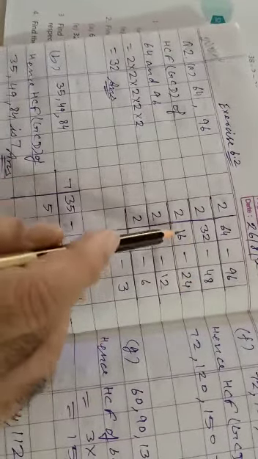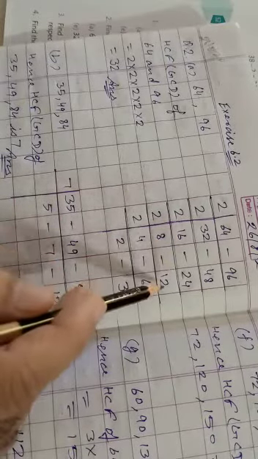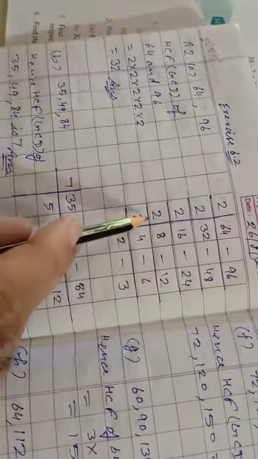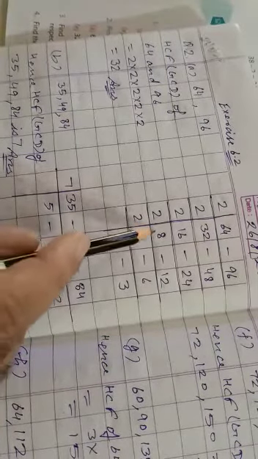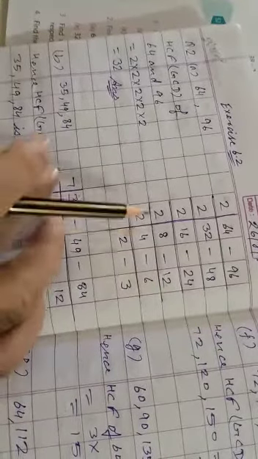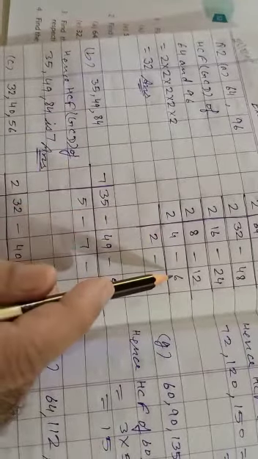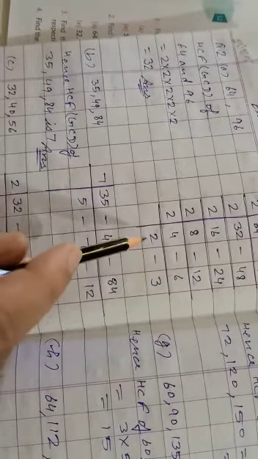Now to divide both numbers also, we write 2 8s are 16, 2 12s are 24. Also 2: 2 4s are 8, 2 6s are 12, 2 2s are 4, 2 3s are 6.